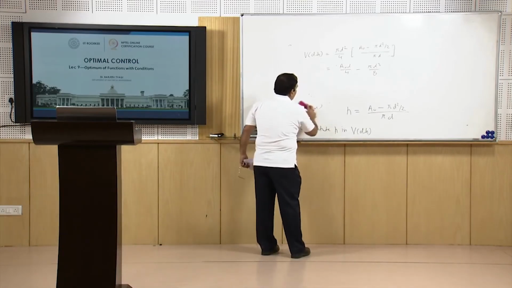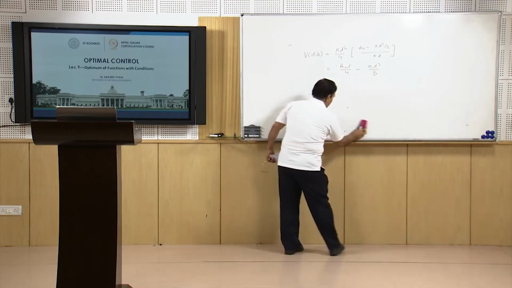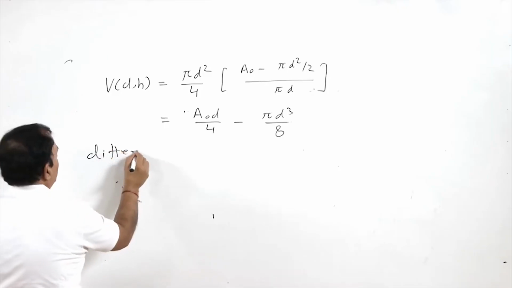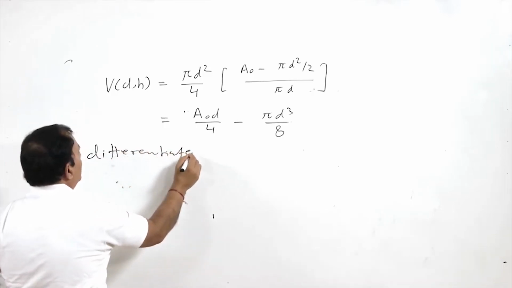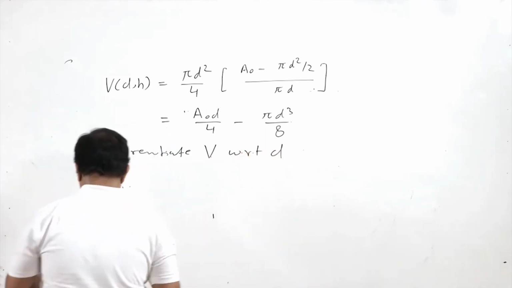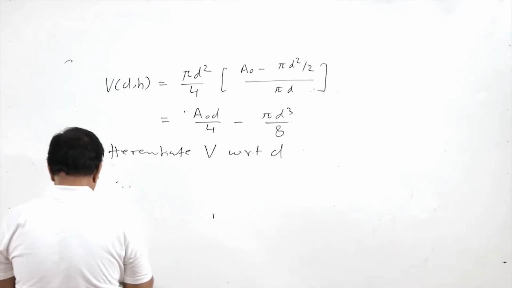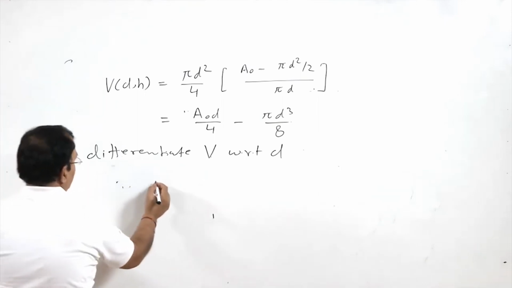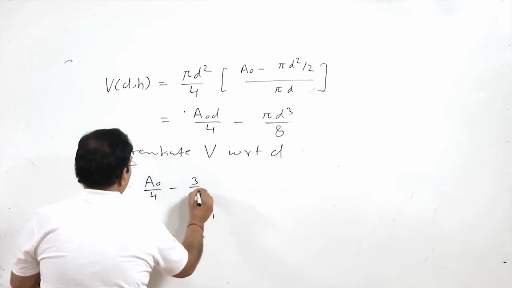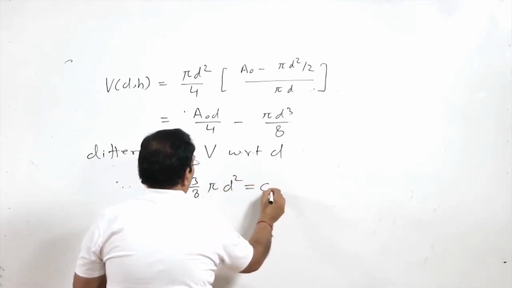So, we will differentiate V with respect to the diameter. Differentiating V with respect to d, what we get? We get A naught by 4 minus 3 by 8 pi d square equal to 0.